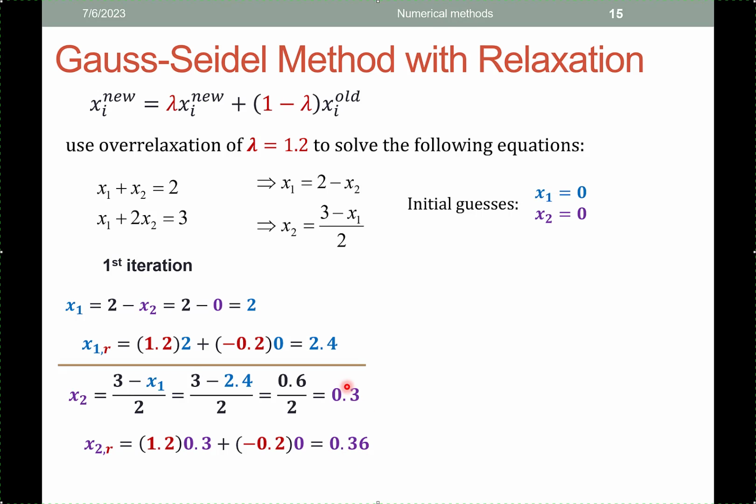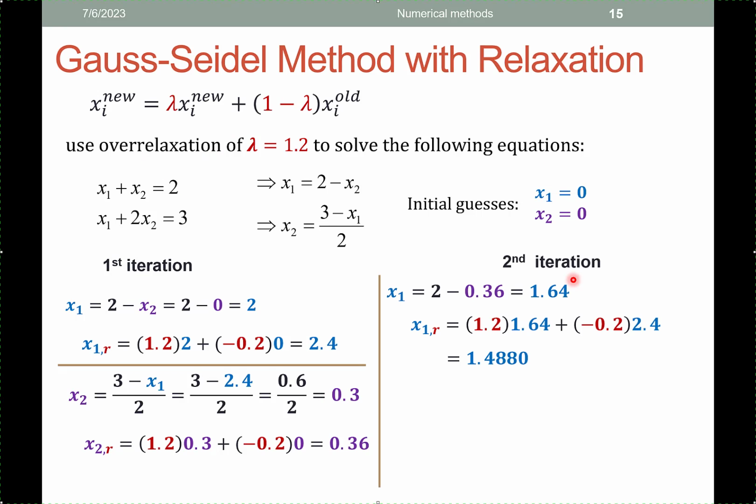So again, we jumped ahead using this over-relaxation equation. And then second iteration, 2 minus 0.36, which is what we got here, and we get 1.64. And then again, we apply the relaxation equation.